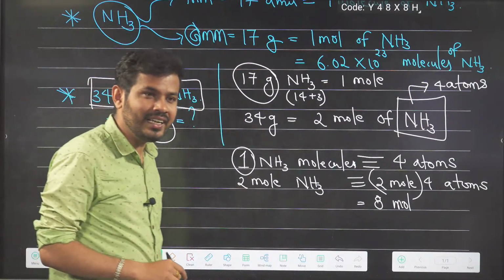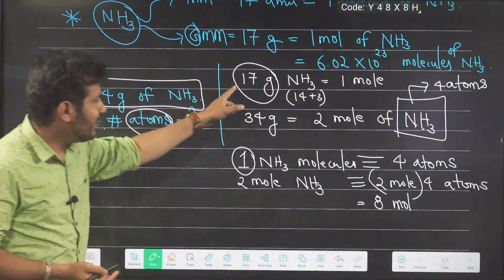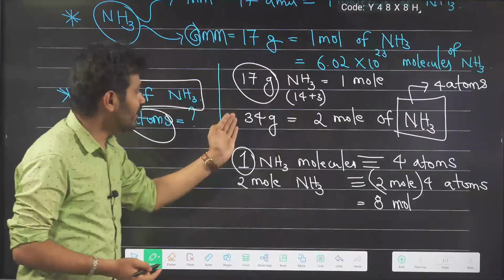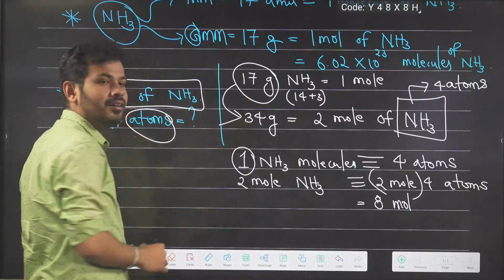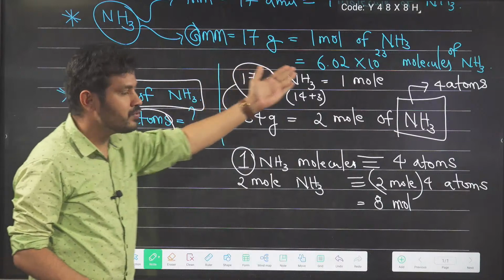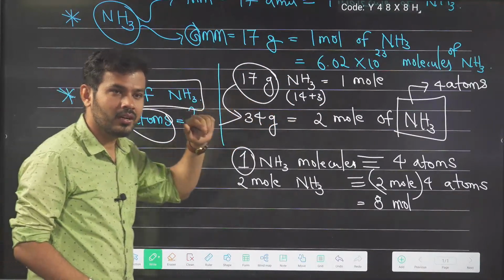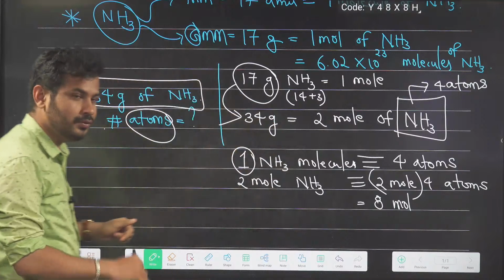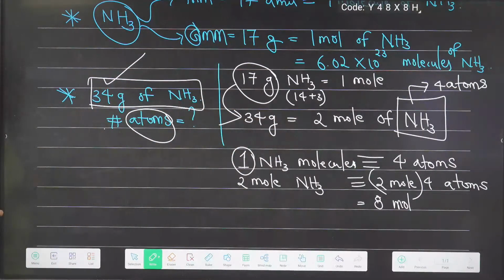How can you tell it has 2 moles, sir? Okay, it is very easy. 17 gram is 1 mole. Then 34 gram, how much? Just 17 and 34, how are they related? Double of 17 is 34, right? If 17 gram is 1 mole, 34 gram will be double of that. Can you explain once again? Yes, please focus here. The question was 34 gram of NH3 is there with us.